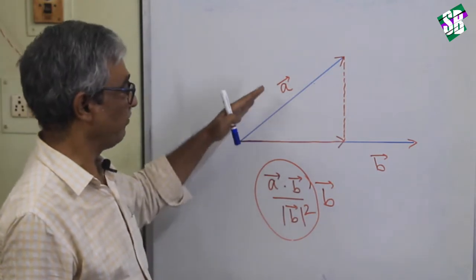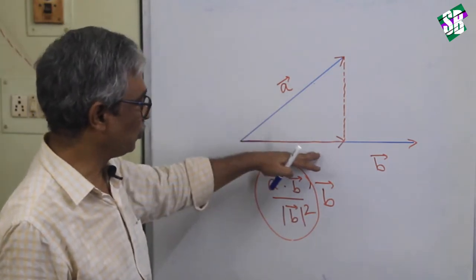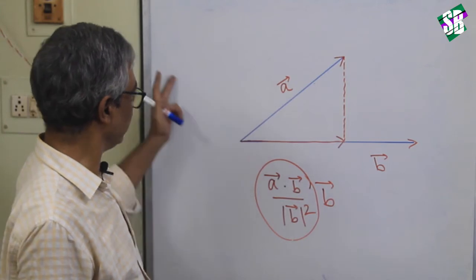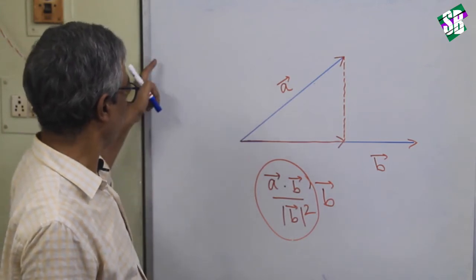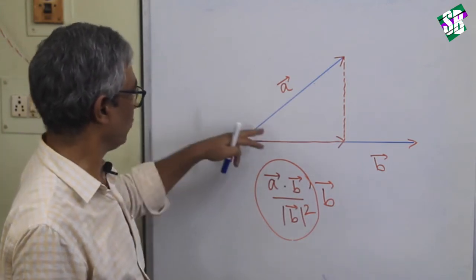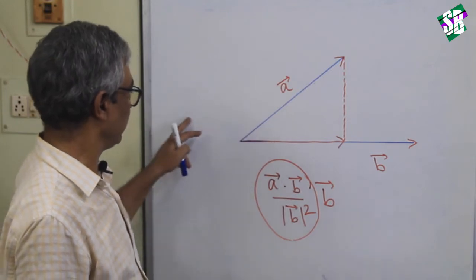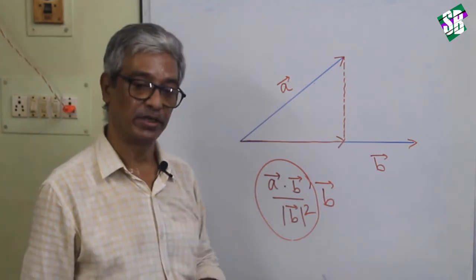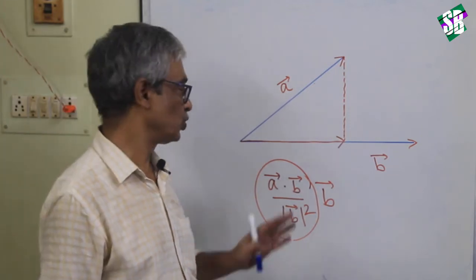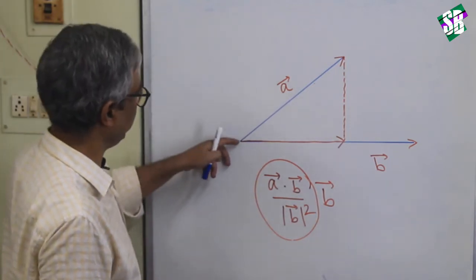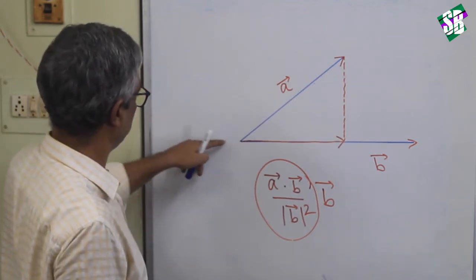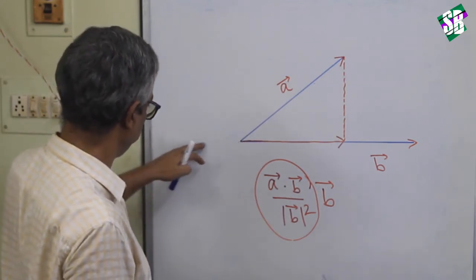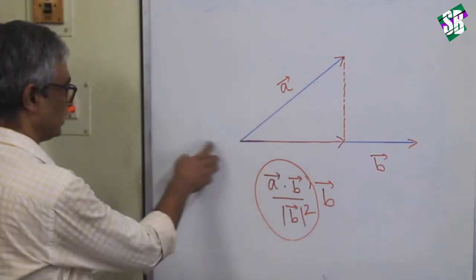But if a vector makes an obtuse angle, suppose a vector is here, then you have to draw a perpendicular, but according to this you have to take this angle, right? So then a vector dot b vector is negative. So then, as you see from the figure also, the projection becomes this vector.